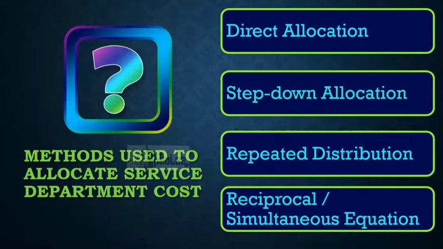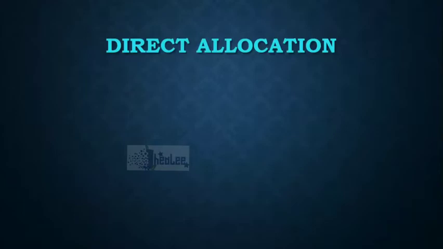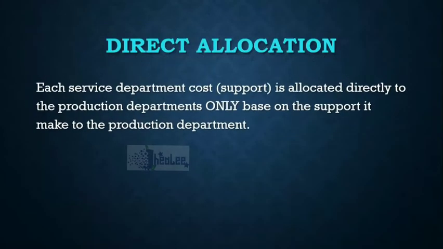Now let's talk about the direct allocation method. With the direct allocation method, what you're doing basically is ensuring that each service department cost, which are the support costs, is allocated directly to the production departments only, based on the support it gives to the production departments.